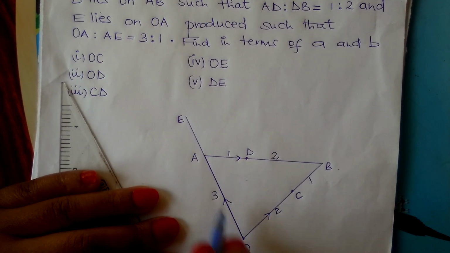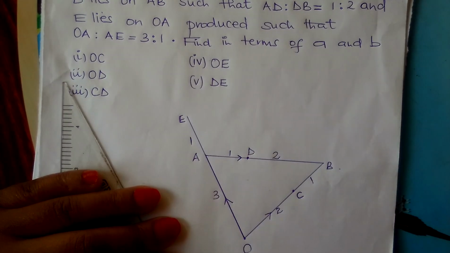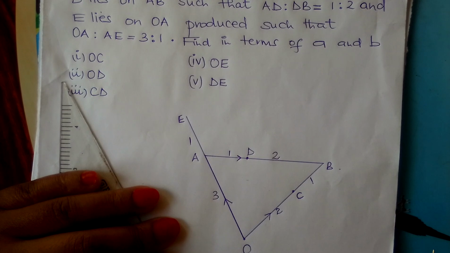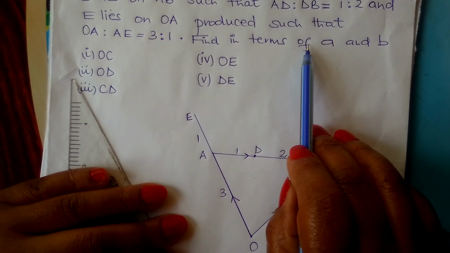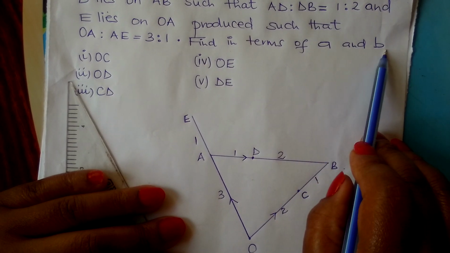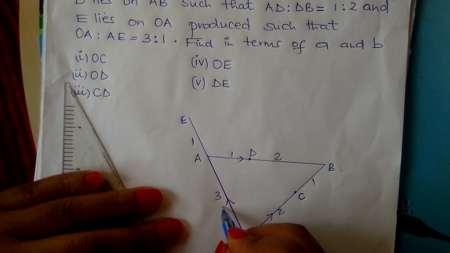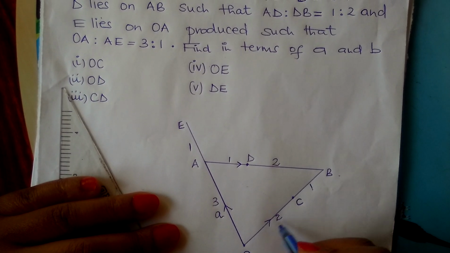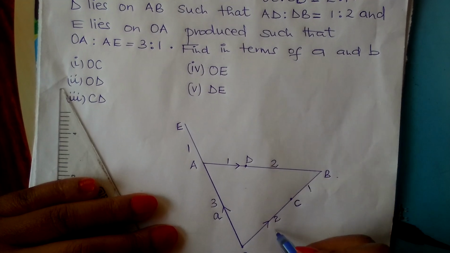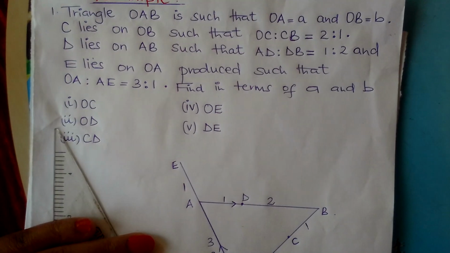This is 3, and AE is 1 there. Okay? Then you are told to find in terms of a and b. Where is your a? Your OA was the a. In fact, you are meant to have fixed it in the beginning. OB is b. The whole of this, learner, is vector b, small b there.